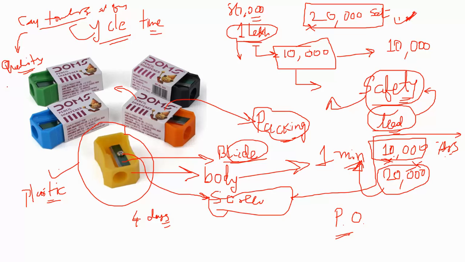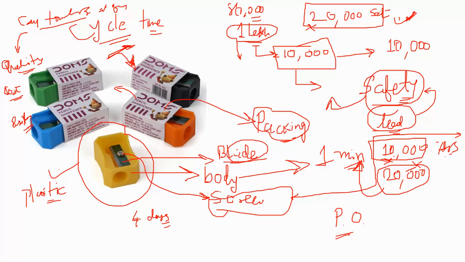Then, cost wise, it should be economical. Then it should be easily available. For example, if my sharpener is not available at the retailer, but the customer is asking for my company's product, and I cannot supply properly, then next time the customer will switch to another brand.